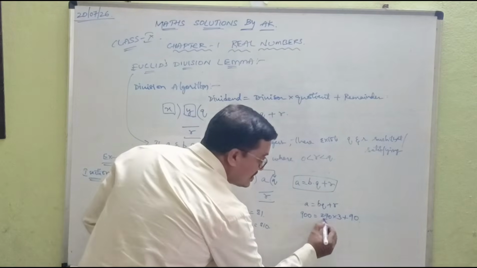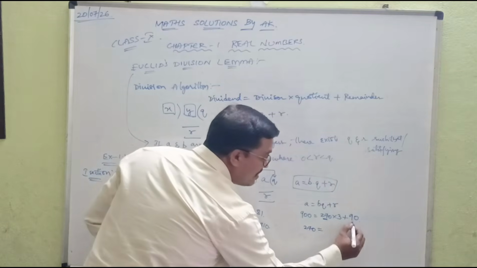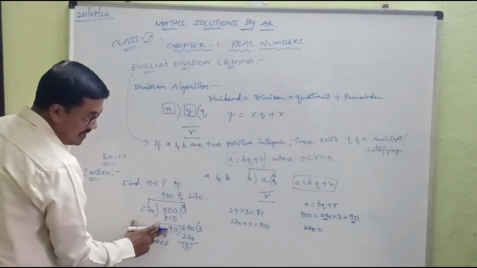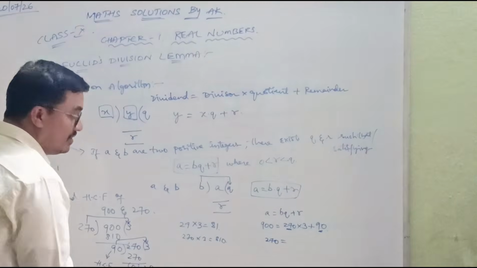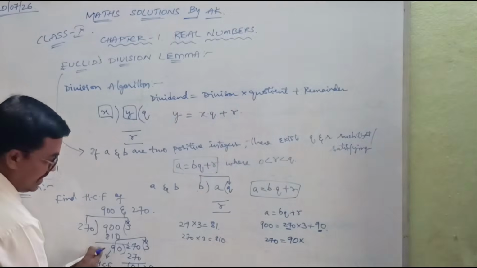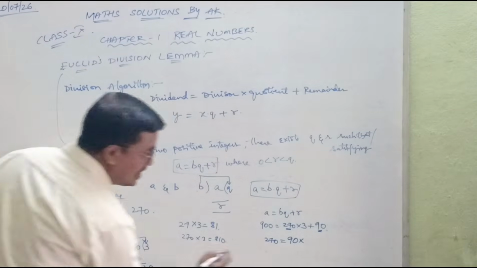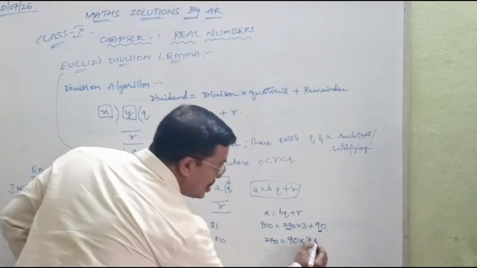Now this 270 is your dividend. Now you divide 270 with this remainder 90. With 90 you are dividing 270. So 90 into 3 gives you 270, and the remainder here is 0.